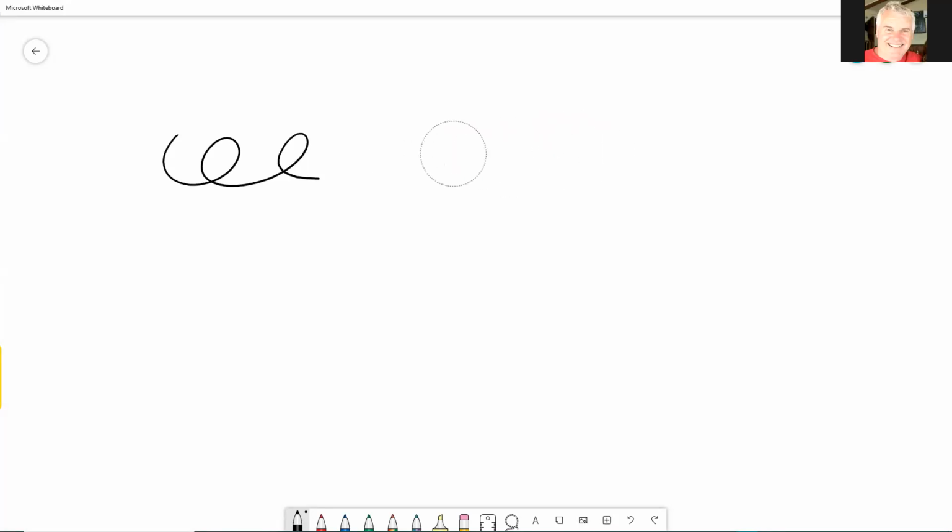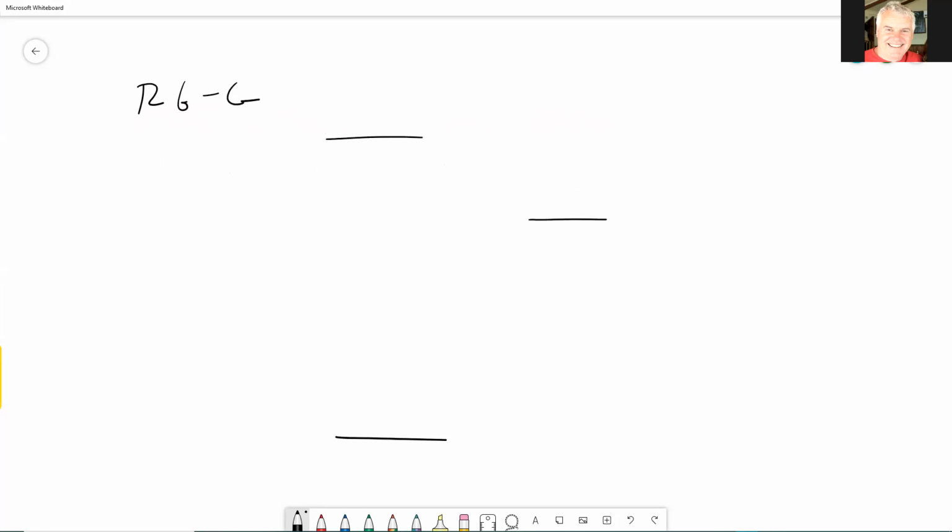Okay, so for rhodamine, R6G, there are three important levels. There's a ground state, an excited state, and a triplet state. So there's this S0, S1, and T1, right?